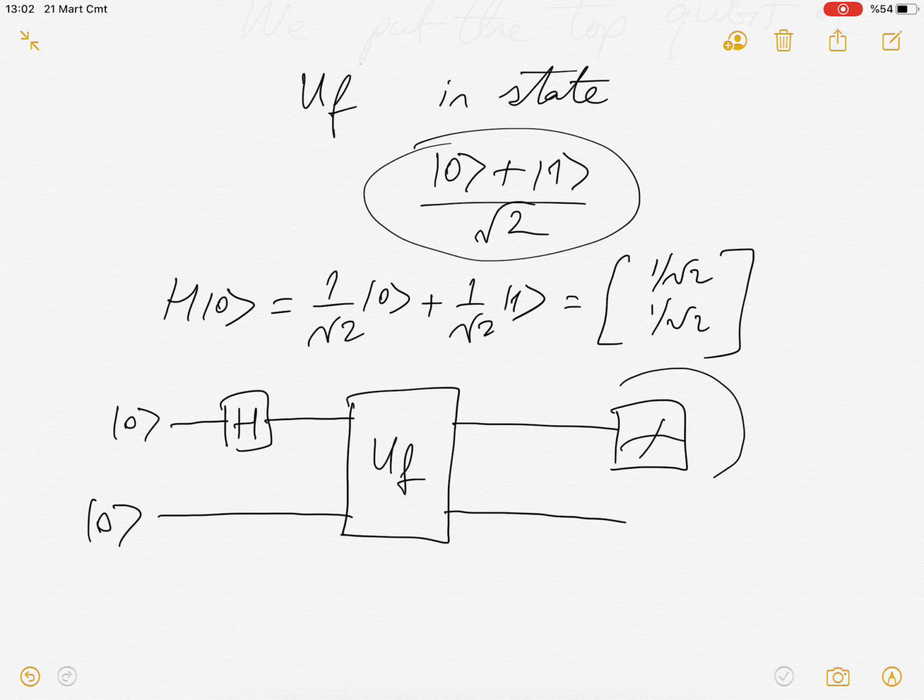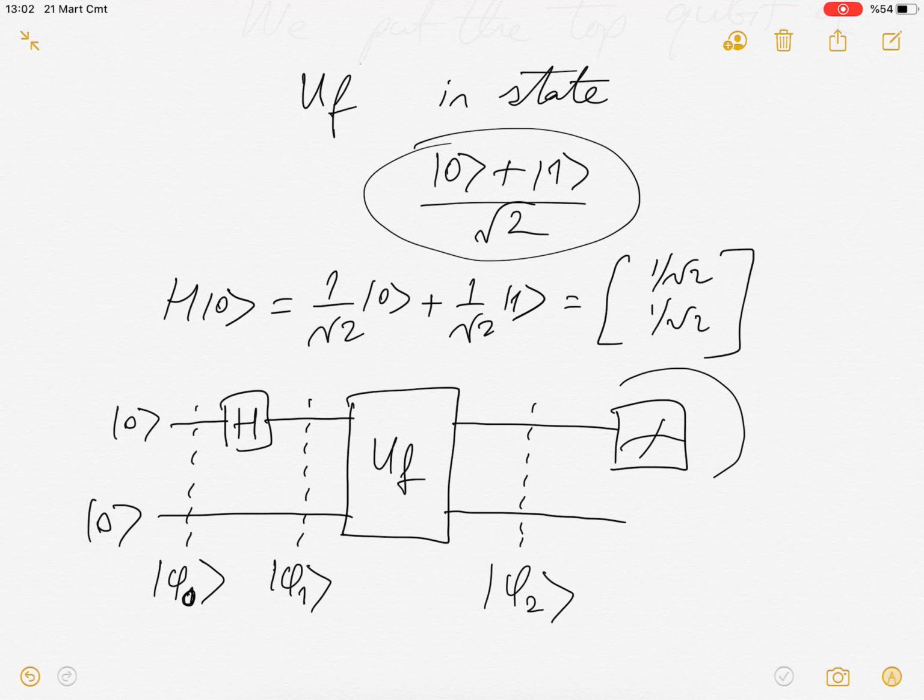Let's divide this into stages. Suppose that this stage is denoted by phi 0, as it is in the notes. Let's call the next stage phi 1, and let's call the final stage, the 2-qubit output of UF, phi 2.